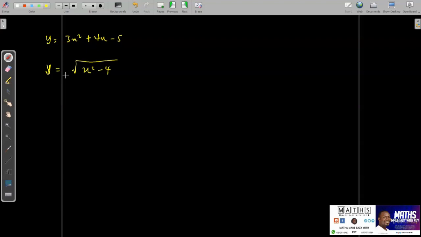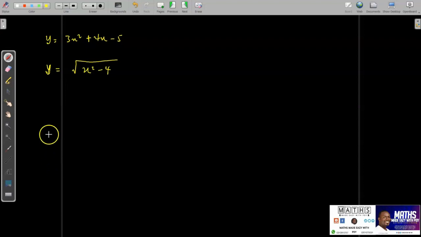But when we consider an implicit function, it means that it's a kind of function whereby no specific variable has been made the subject. And for that matter, both x and y are being written all together.